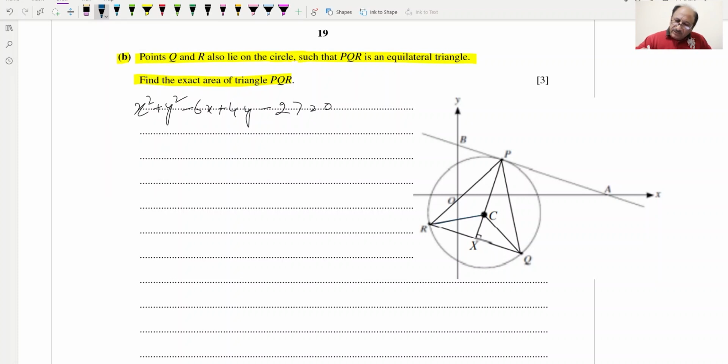First we'll find the radius. I'm trying to use different colors so that we can understand. This will be the radius we find, and this will also be the radius, and because this is an equilateral triangle, we will take this angle as 120 degrees, because this is also 120, this is also 120. So we will take this angle as 120 degrees and find the area.